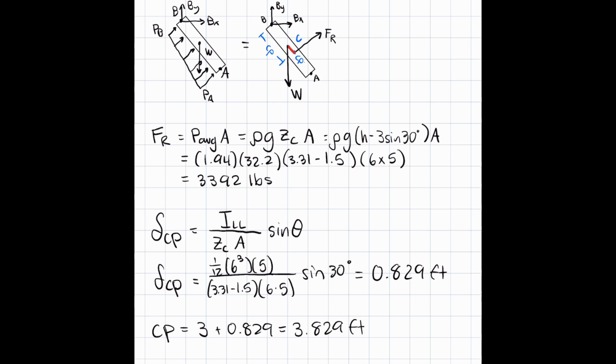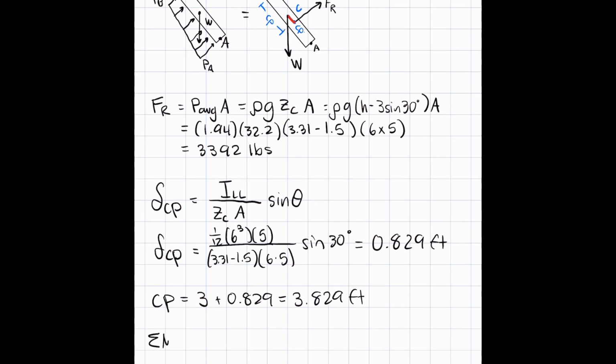All right, let's go ahead and take our moment balance and solve the problem. Taking a moment about the hinge, we know that the weight is acting at the centroid, and we know that we have to project it into our new axes, which I'm going to redraw up here. And we know this is 30 degrees.